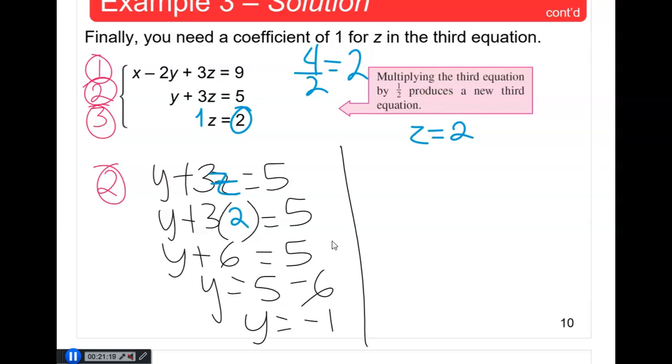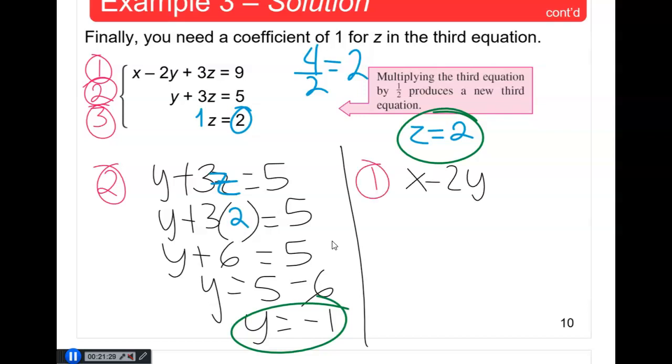Now that we have a second numerical quantity, we could go back and take equation number 1, and it will be x minus 2y plus 3z equals 9. And now we're going to substitute the y and the z with those numbers.